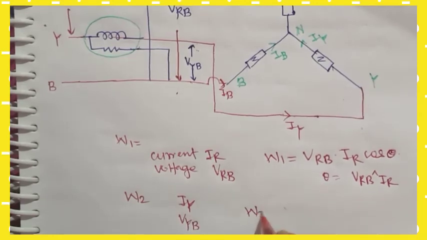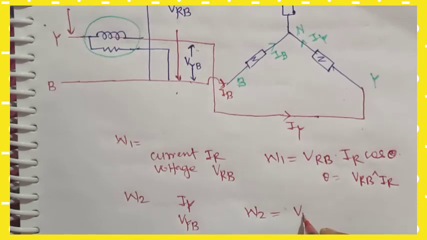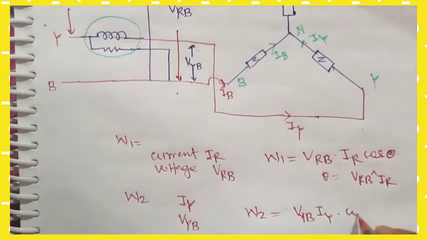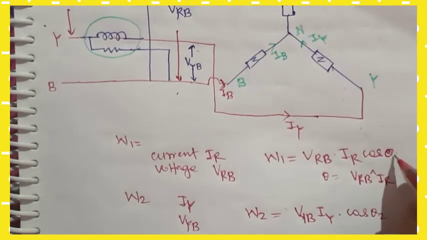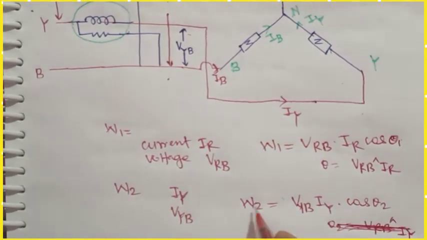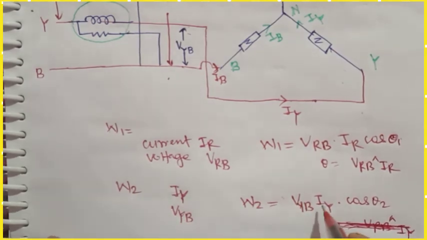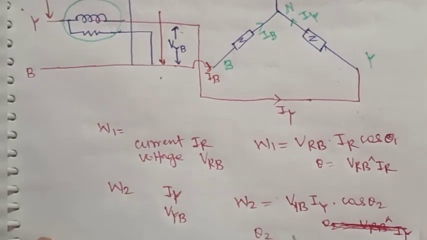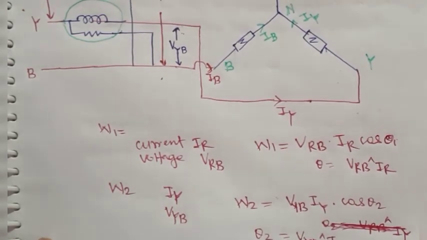Then power from wattmeter 2 will be VYB dot IY dot cos theta 2. We will say theta 1, theta 2. For wattmeter 2, the power will be VYB dot IY dot cos theta 2. Theta 2 will be equal to the angle between VYB and IY.